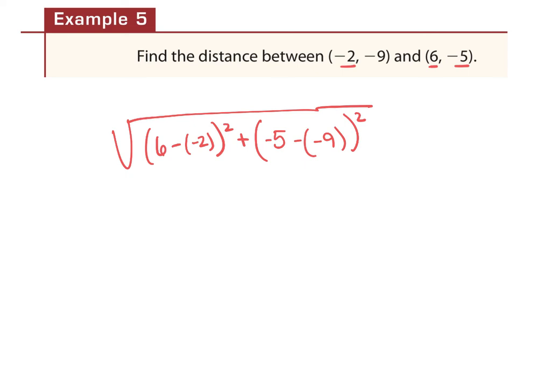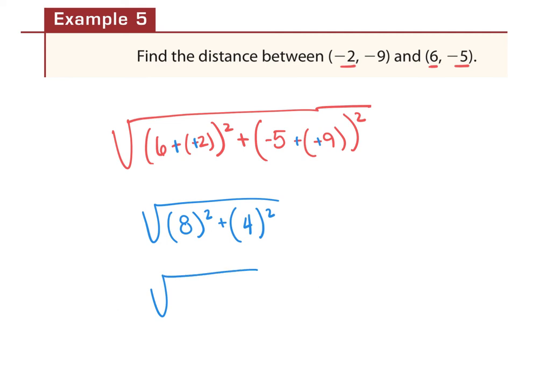All right, remember when you're subtracting a negative, that is adding. So what is 6 minus a negative 2? It is 8 squared. Negative 5 minus a negative 9 is 4 squared. If I had gone the opposite direction, let's say I had done negative 2 minus 6, I would have negative 8 squared.